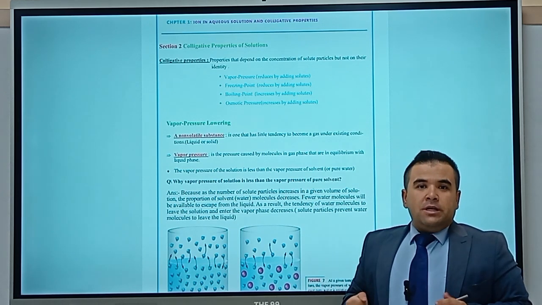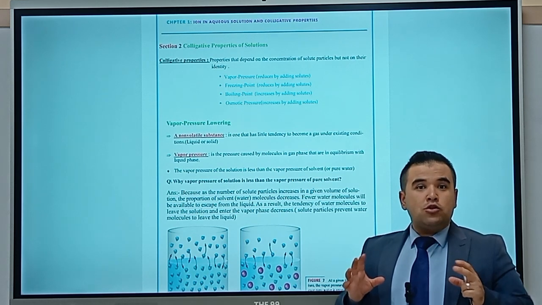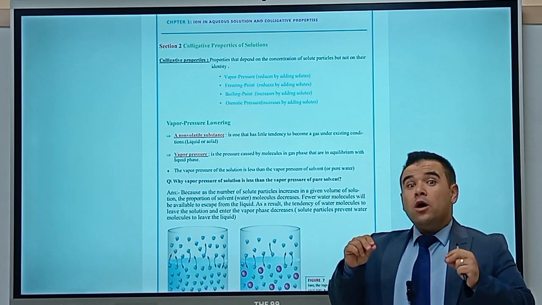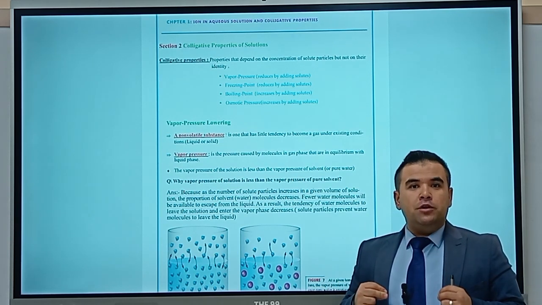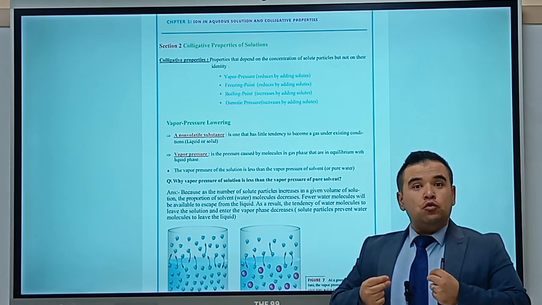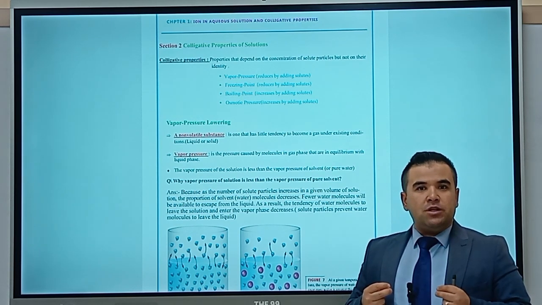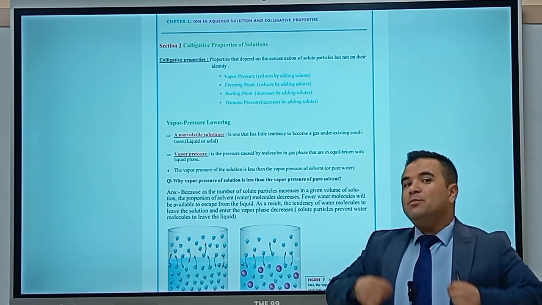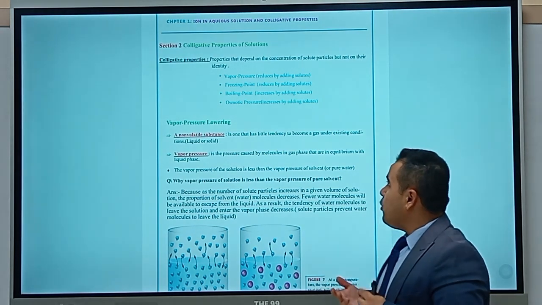The colligative properties are any properties of solutions which change with the amount of the solute in the solution. As we add more solute into the solution, or as we reduce the amount of the solute, the colligative property changes. Any property that changes can be classified as a colligative property.